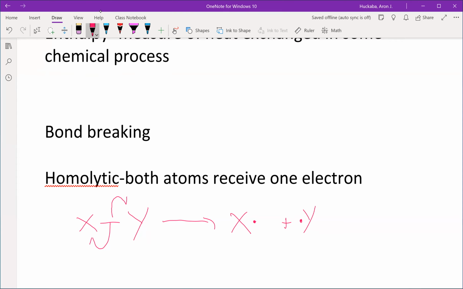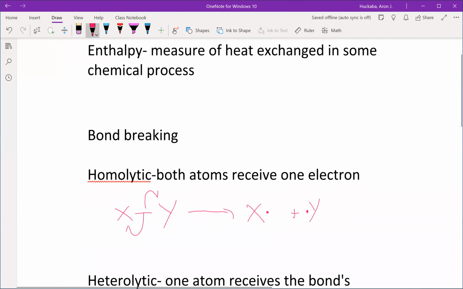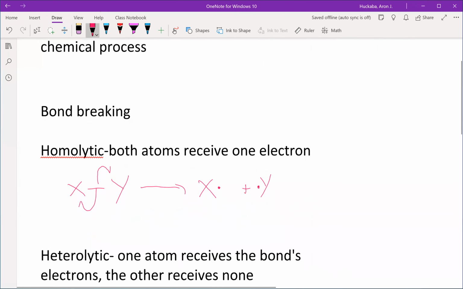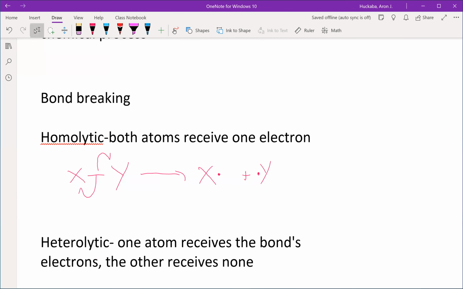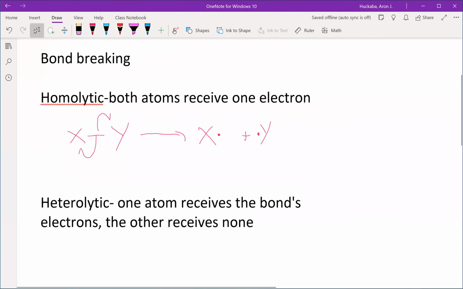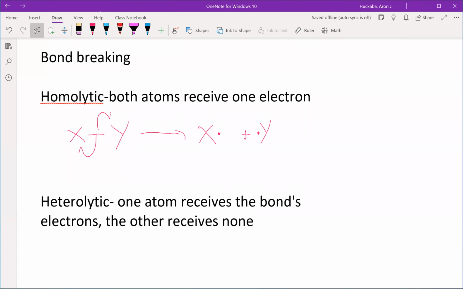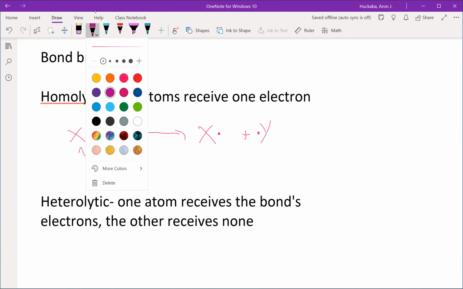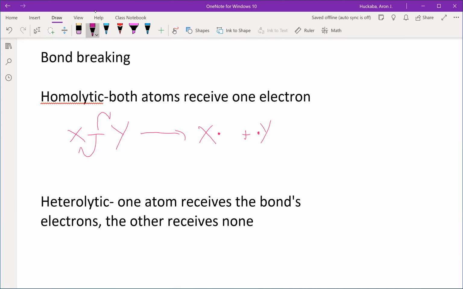The other way that we can look at bond breaking is from heterolytic cleavage, where one atom receives both electrons and the other atom receives none. So in this case, our XY bond here, we're going to break it.